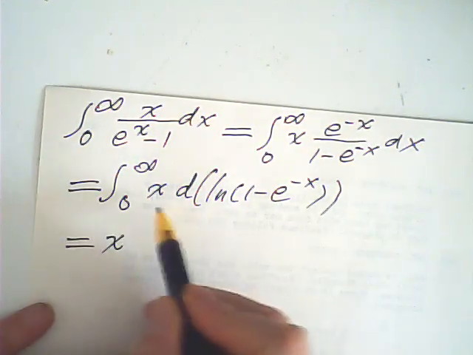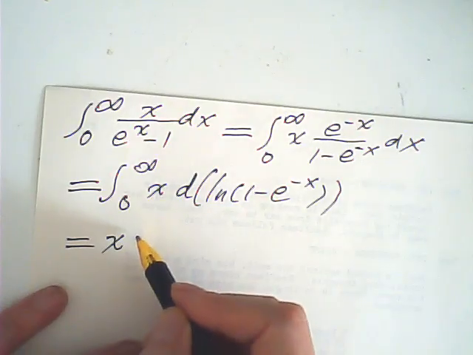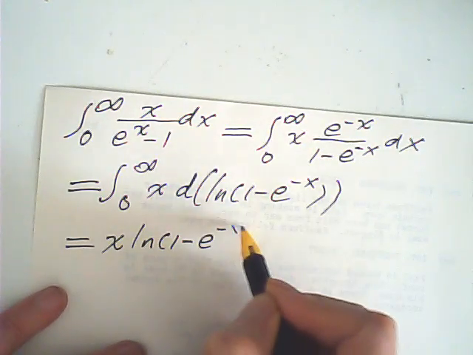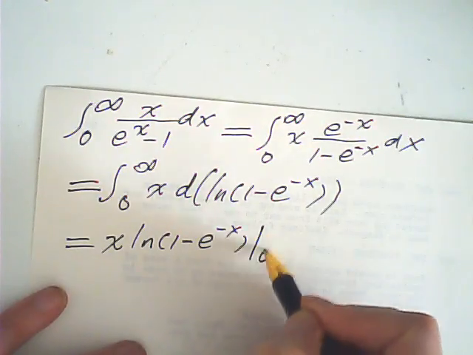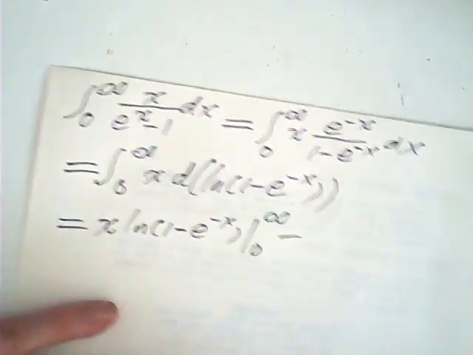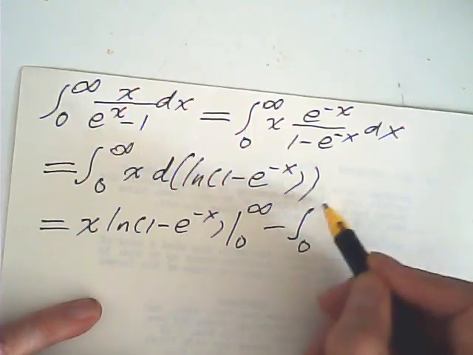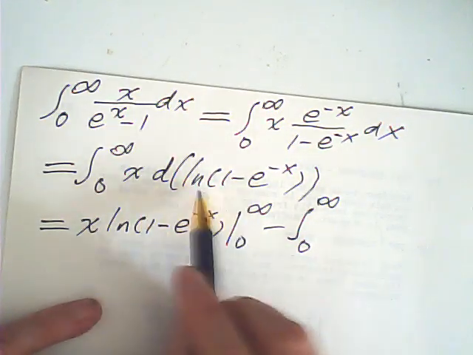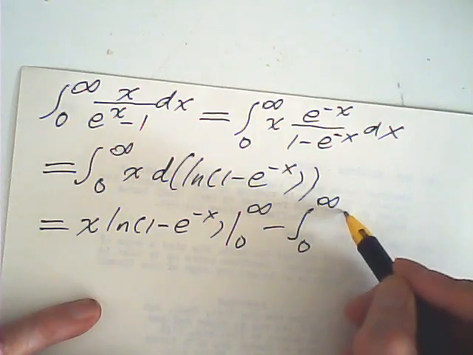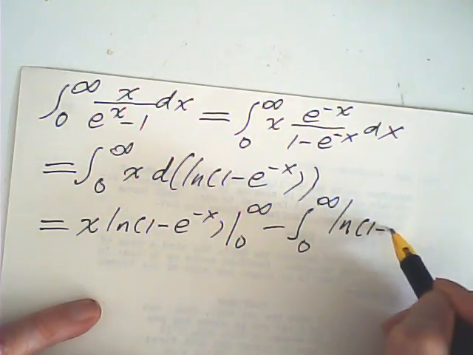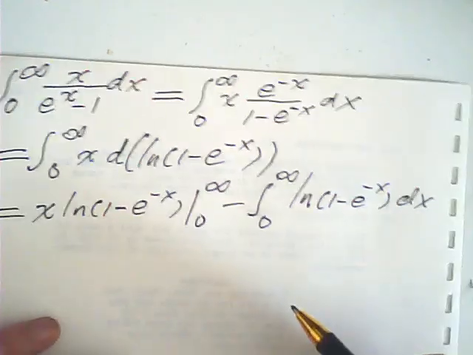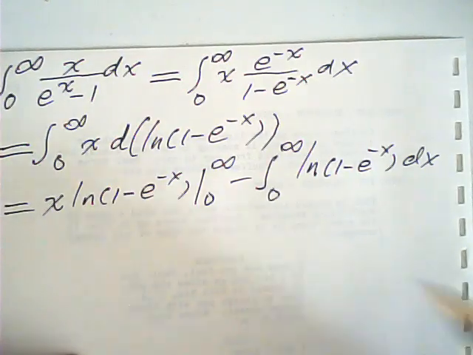So u dv is u times v minus integral of v du. v is this, u is x, so it's log of 1 minus e to the negative x dx. Very good.